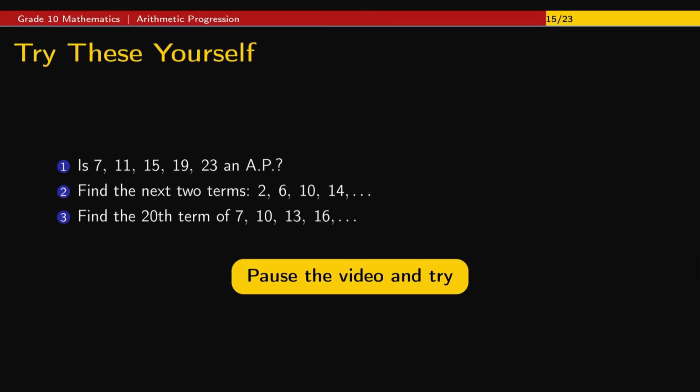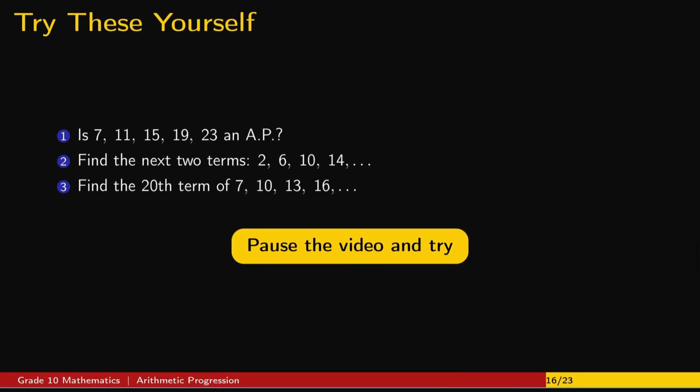Okay, as we conclude, guys, I want you to try these problems. You can pause the video and check by yourselves. For the first question, you can send your solution in the comment section. Is 7, 11, 15, 19, 23 an arithmetic progression, yes or no? You know what to do.